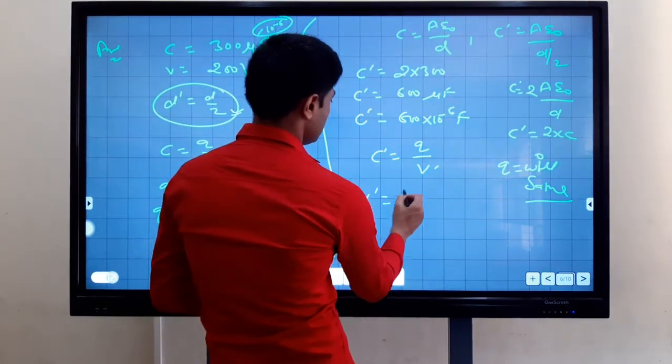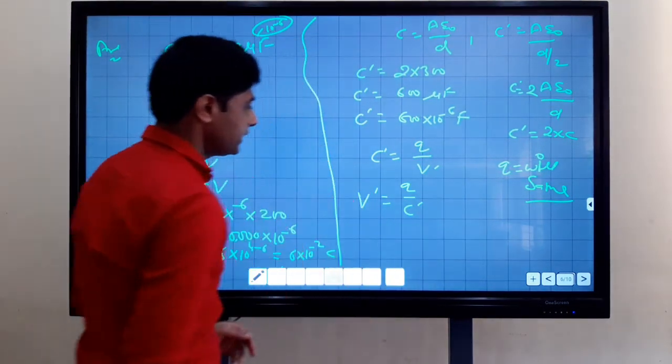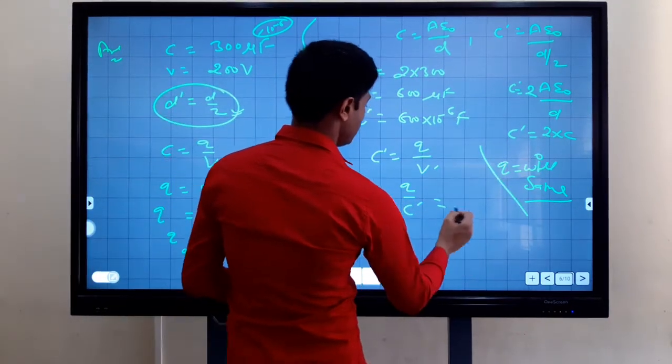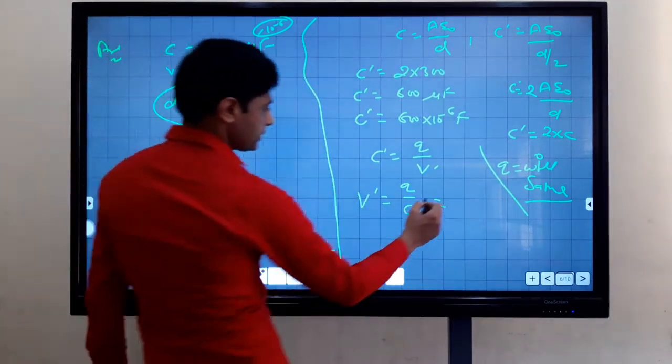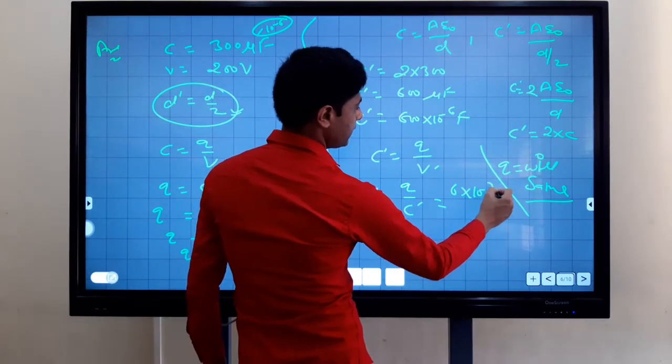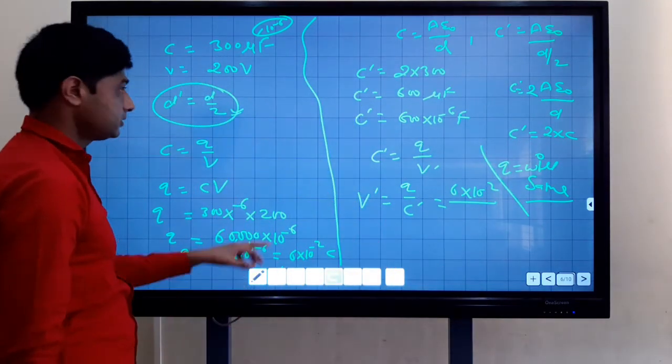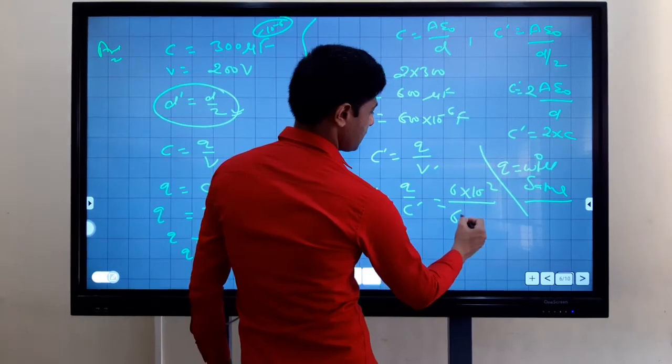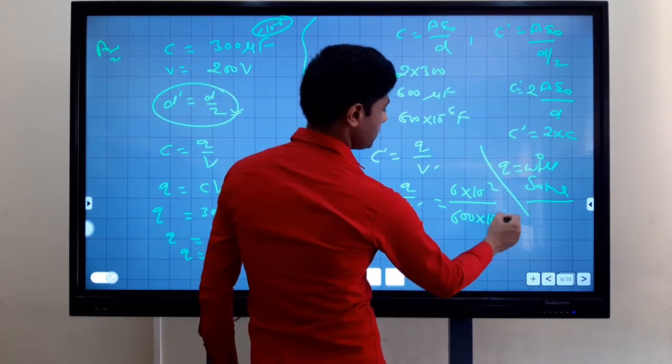So V dash equals Q upon C dash. The value of Q is 6 into 10 to the power minus 2, and C dash is 600 into 10 to the power minus 6.